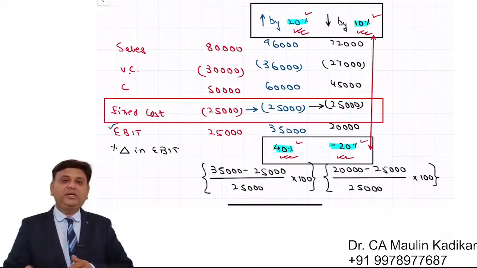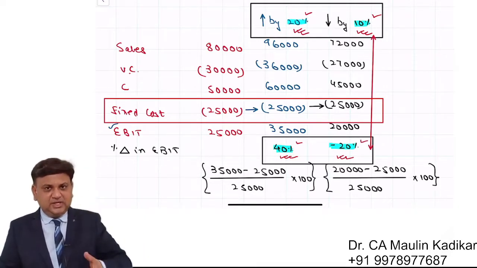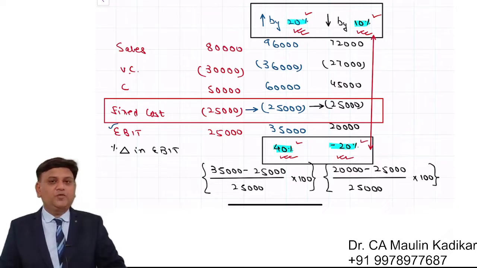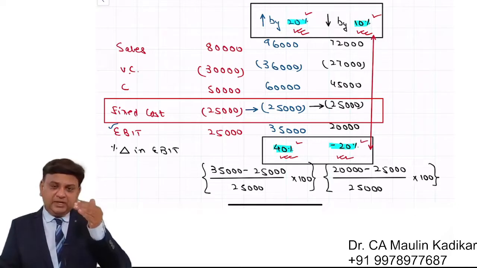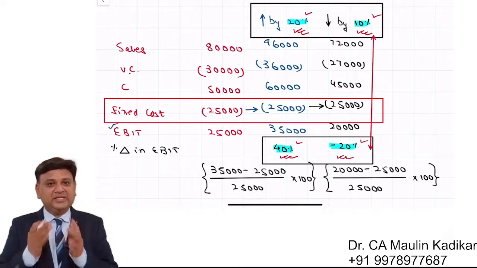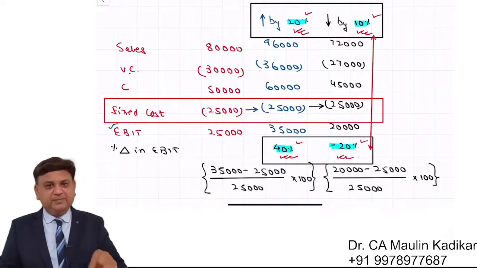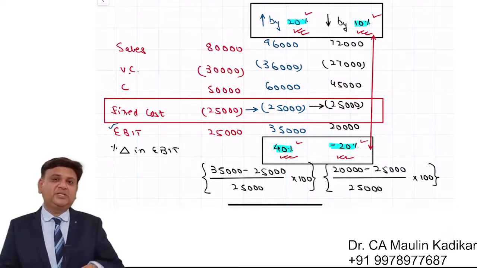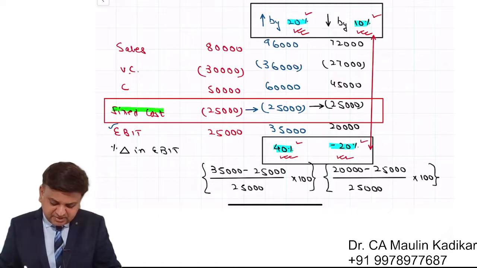So you are able to increase the operating income at a higher rate. And when there is a reduction in the sales, fixed cost does not reduce. That is the reason the operating income reduces at a higher rate. So the percentage change in the operating income does not match the percentage change in the sales, because the amount of the total fixed cost is going to remain the same.